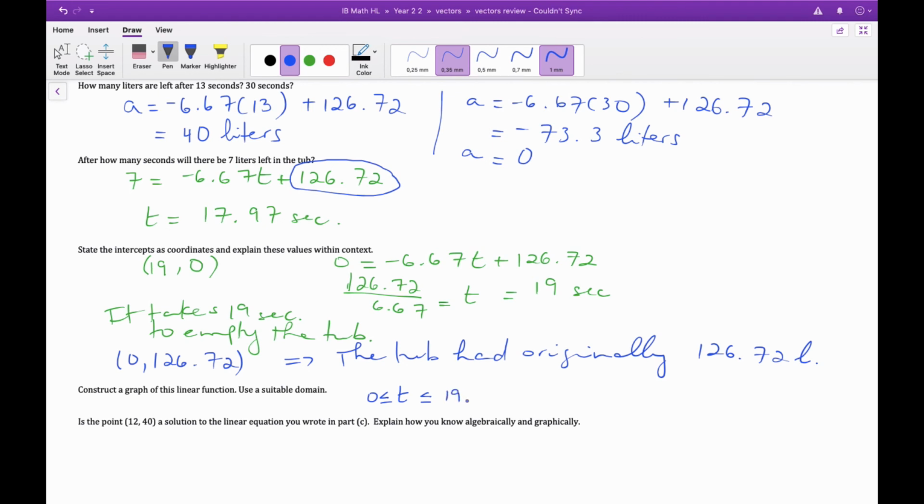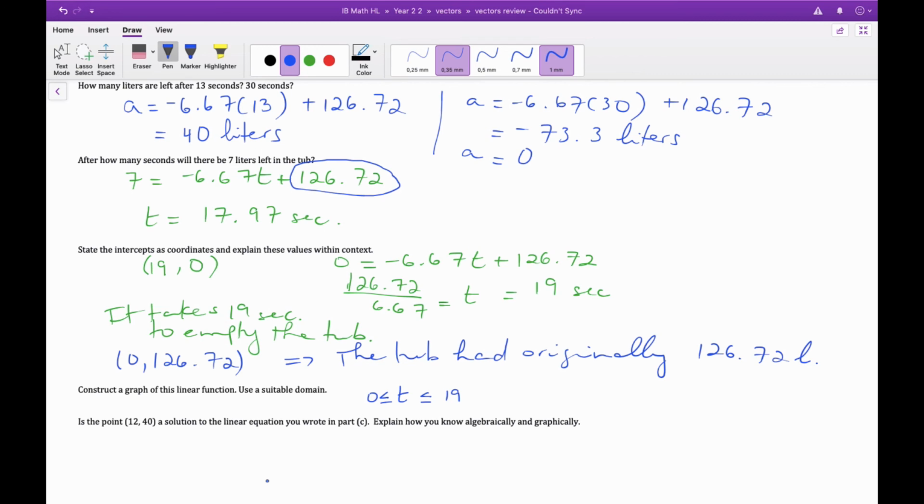All right, and then finally, the last question, I think, is: is the point (12, 40) a solution to the linear equation we wrote? Explain how you know algebraically and graphically. What does this point (12, 40) actually mean in this case? Well, the x is the time, so 12 seconds, and then it must be 40 liters. So it's saying at 12 seconds there were 40 liters of water.